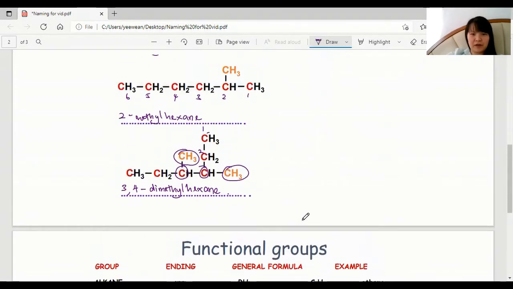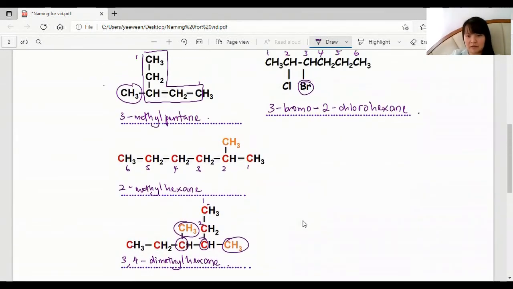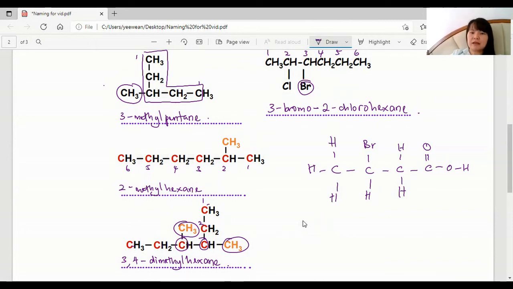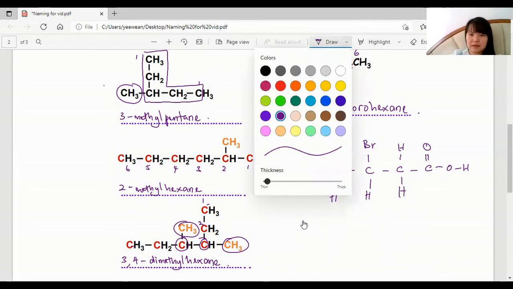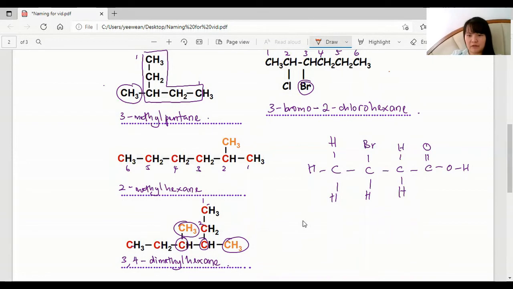So if I have a carboxylic acid, something like this, there's 4 carbons here, and I'm going to put a bromo here. In this case, I've got to put the functional group at the lowest number. This is the main functional group here.